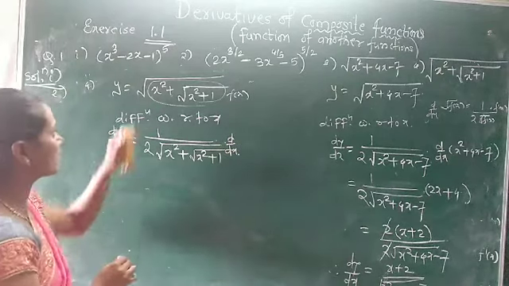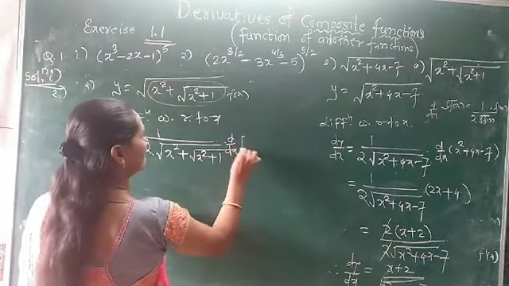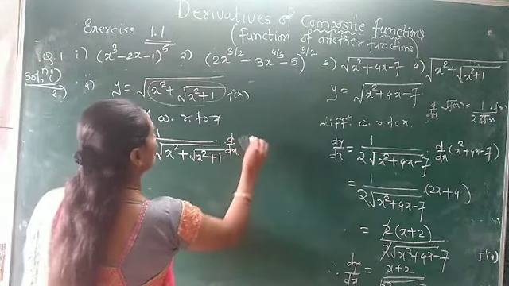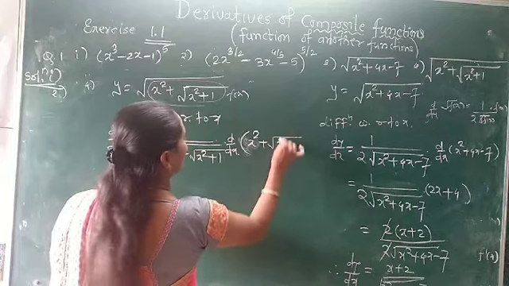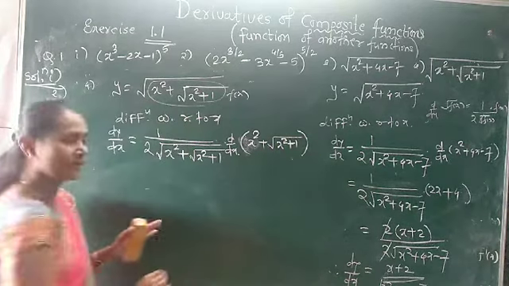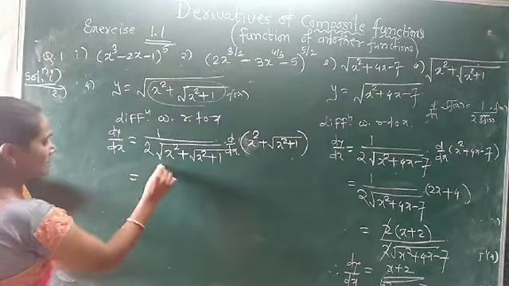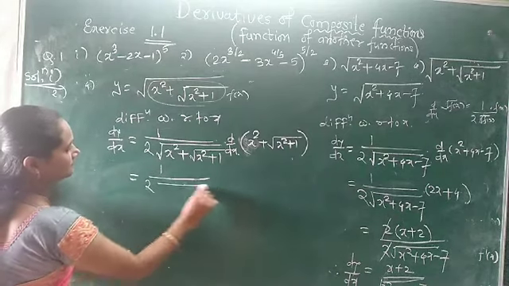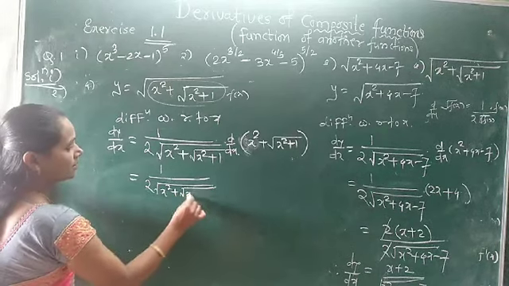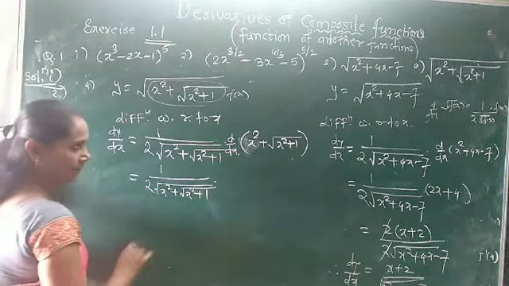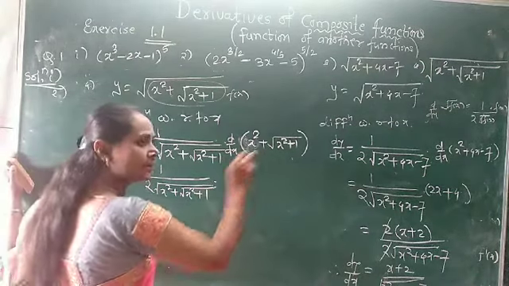But what is this function? x square plus root x square plus 1 is our function now. Now keep this term as it is, x square plus under root x square plus 1, times, now we have to find the derivative of this term.